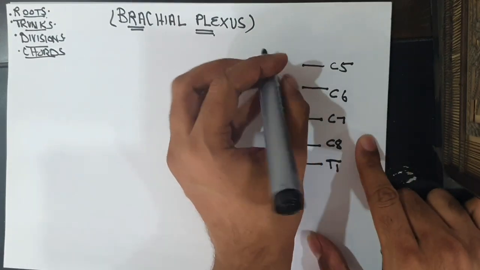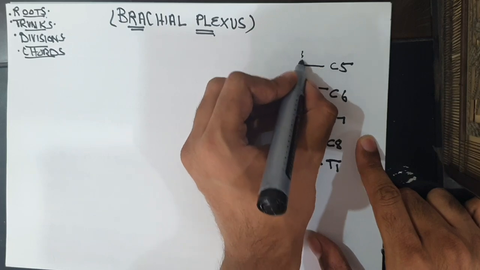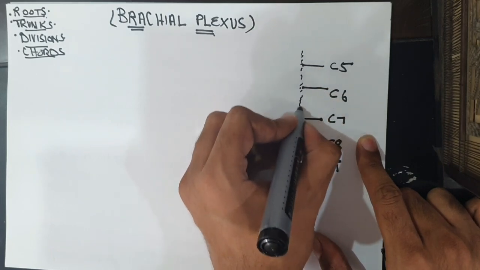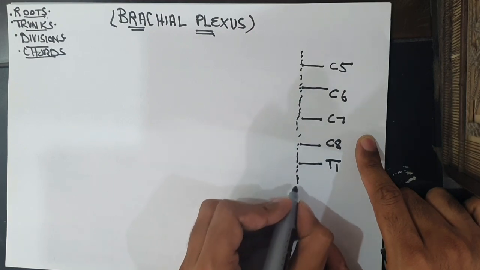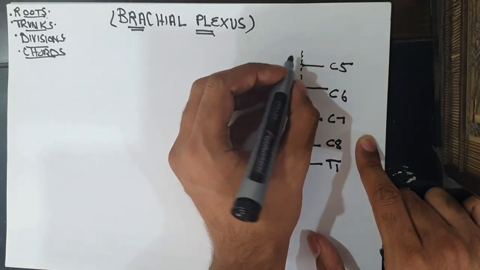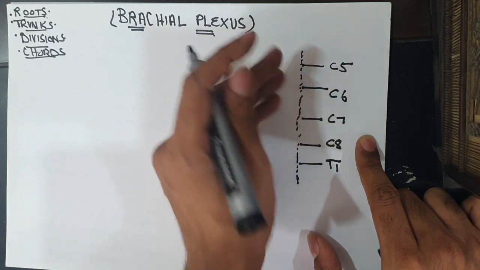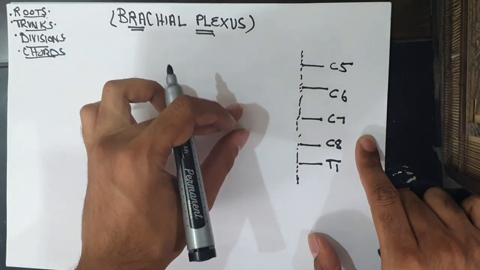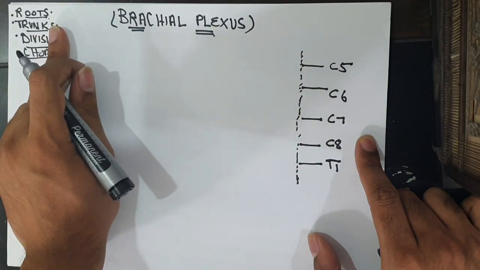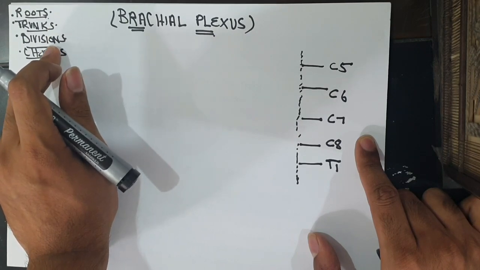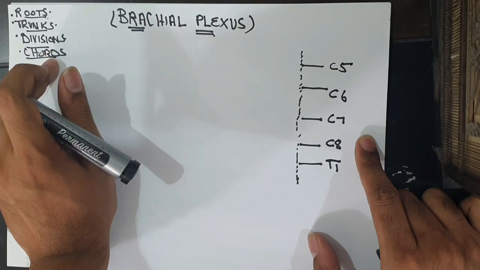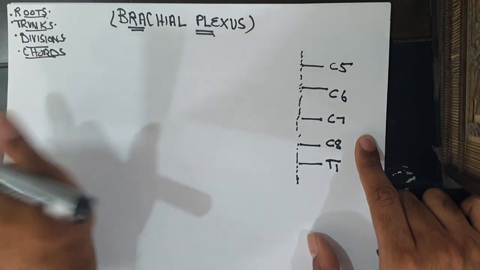Roots are the beginning stages of the brachial plexus, which means the cervical roots and the first thoracic nerve root. Now these roots are going to combine to form what we call the trunks. Those trunks are going to give us the divisions, and those divisions are later on going to form the cords.